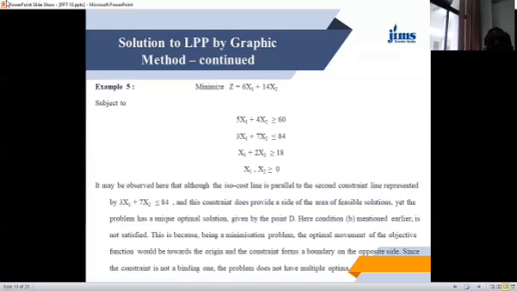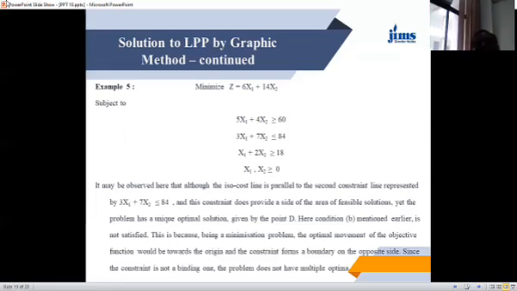Minimize z is equal to 6x1 plus 14x2, subject to the condition 5x1 plus 4x2 is greater than or equal to 60. 3x1 plus 7x2 is less than or equal to 85. So see here, earlier it was greater than or equal to 60; in the second constraint, it has become less than or equal to 85. And the third constraint is again x1 plus 2x2 is greater than or equal to 18.